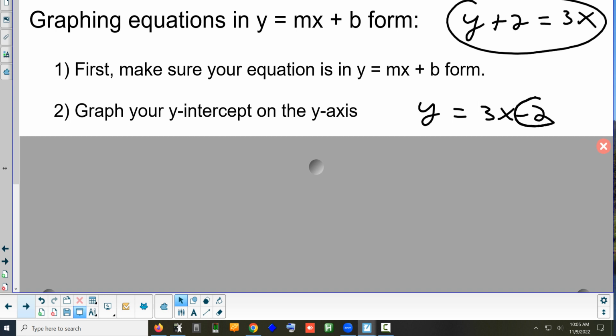This number is the y-intercept. The sign to the left always goes with the number. It's like it's attached to it. So this has a y-intercept of -2. We would put a dot on -2. That's the second step. Put a dot on your y-intercept.